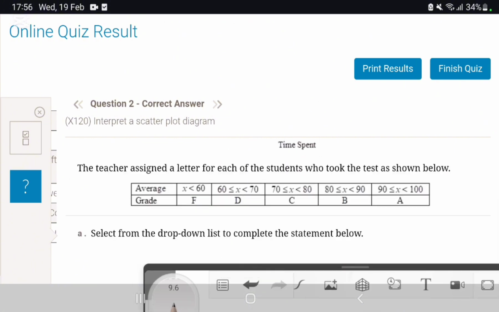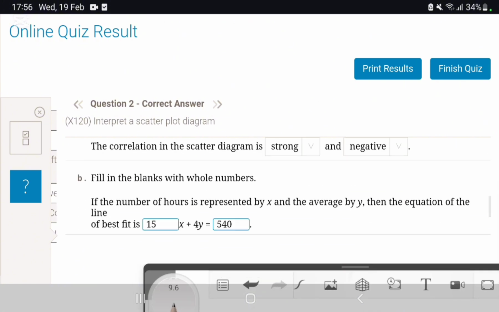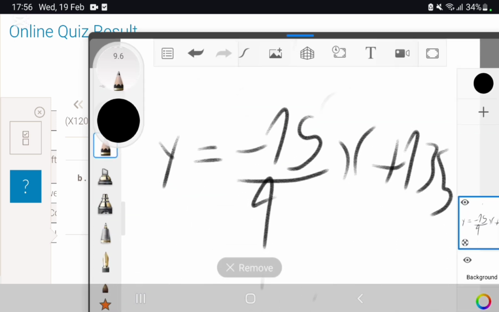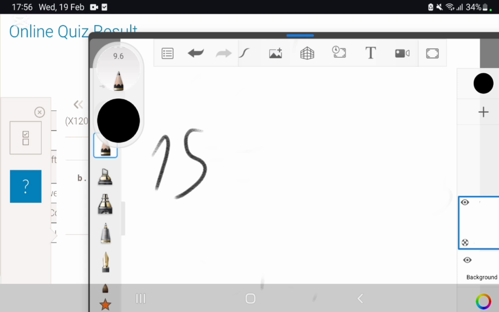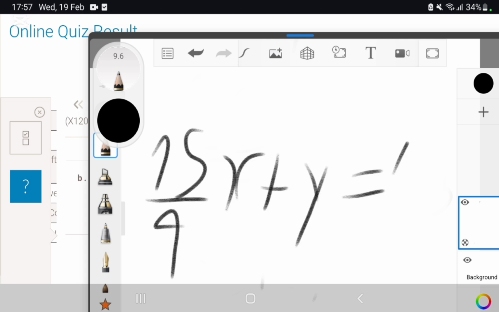Okay, but here they want the x and y to be on the same side, so let me just rewrite the equation after the moving. 15 over 4x plus y is equal to 135.